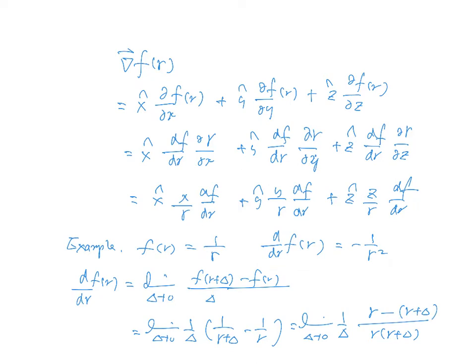So this r cancels, this delta cancels, you get minus 1 over r squared, right? In high school, you probably just memorized this. But now you can actually derive it. And once you have derived it, you can still memorize. You don't have to do it every time from first principles. So in many things, it may be better for you to memorize after you have derived it yourself.